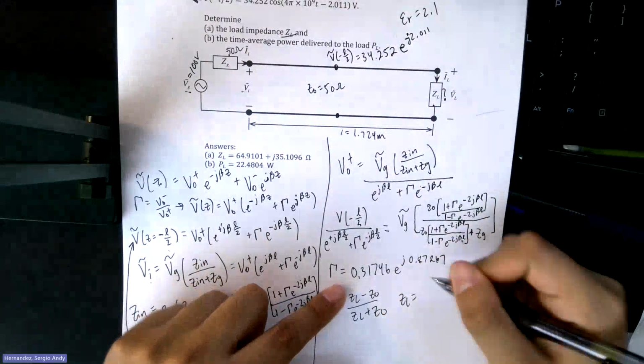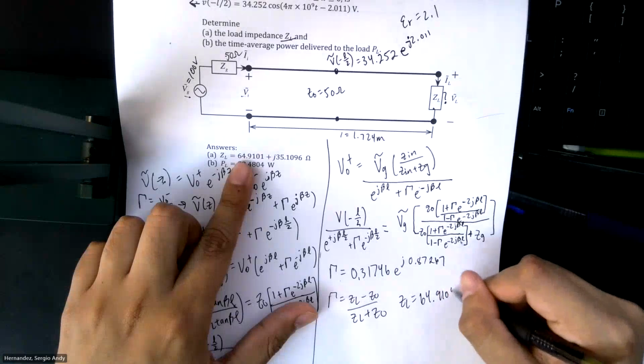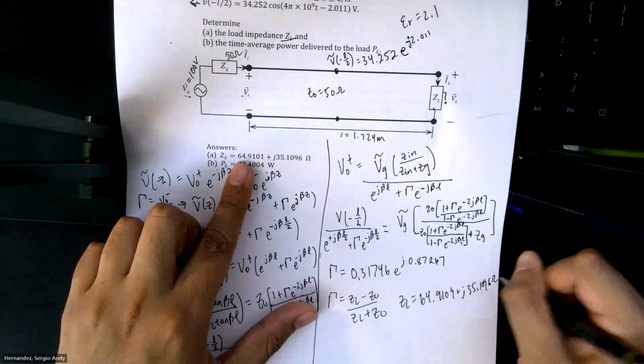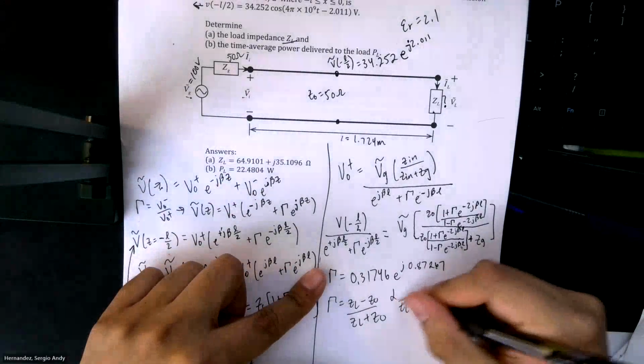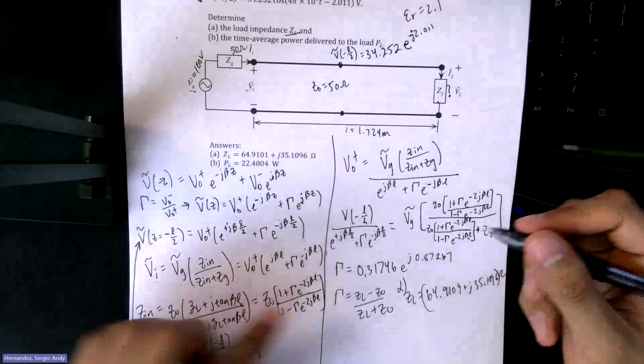And your ZL is going to be this exact thing. This is part A.